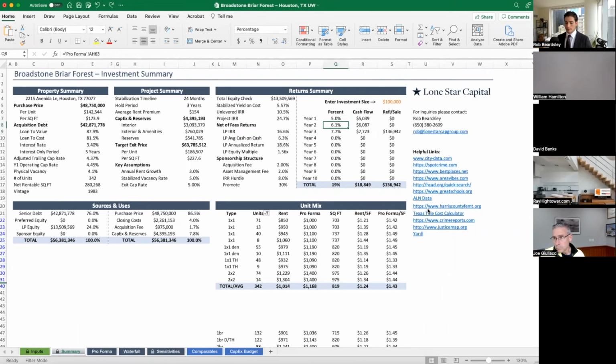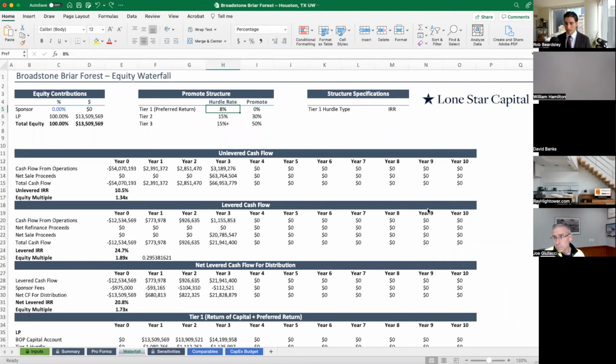Long story short, when you have this IRR hurdle structure, something that we kind of glossed over, but it's a really big deal, is that all cash flow goes to investors. Just logically speaking, it has to, right? We can't go to tier 2, which is where the sponsor promote is, until investors get an 8% preferred return and their money back.